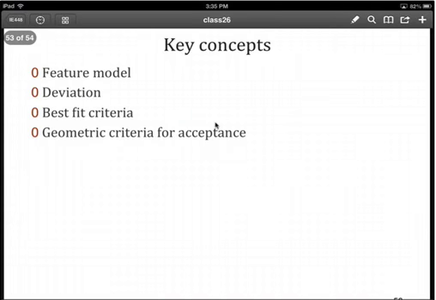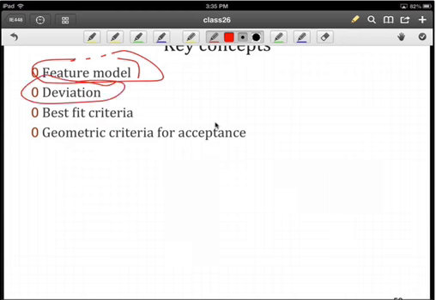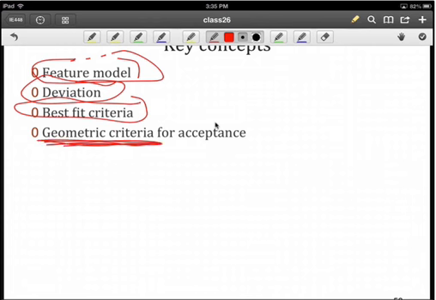So you need to understand what the feature model is that you're trying to fit here. Once you determine that feature model, such as a cylinder, then you determine the deviation from that and use your best fit criteria to come up with the best feature model. And then you need to determine your geometric criteria for acceptance based upon the tolerance specification.